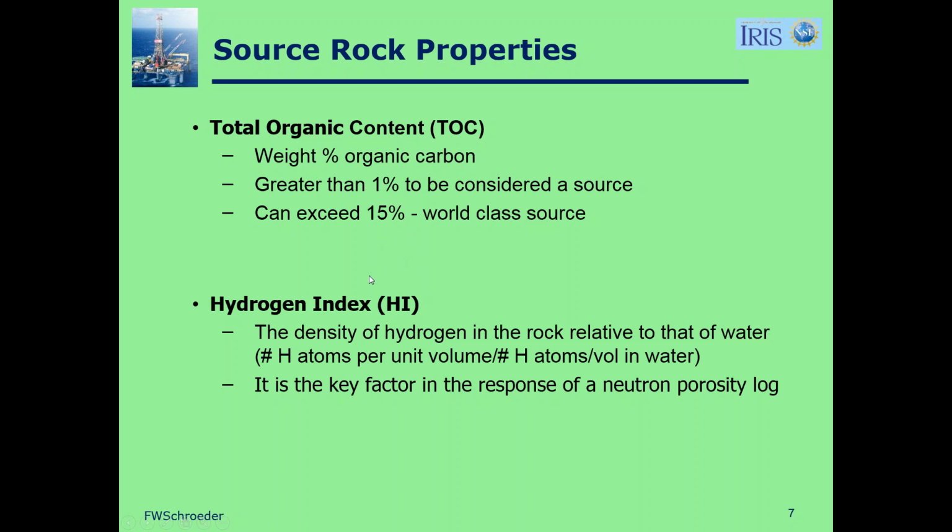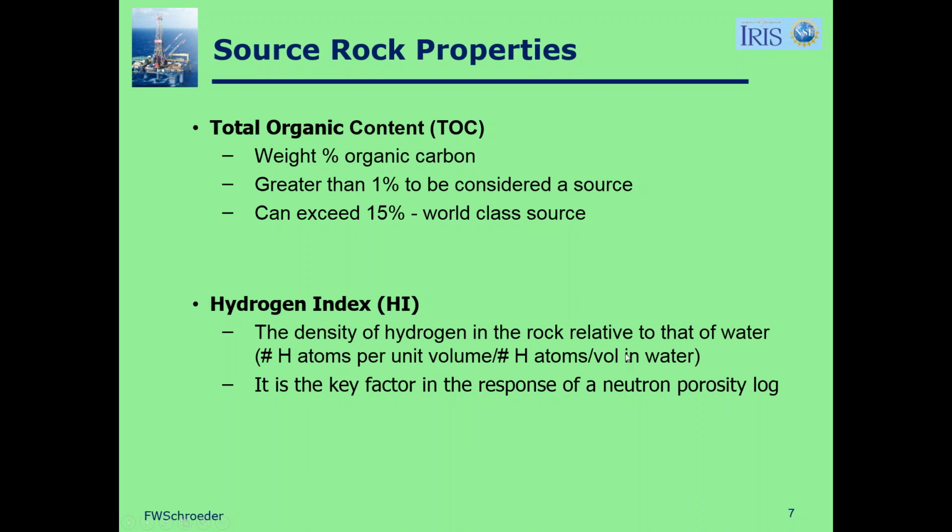The second source rock property is hydrogen index, HI, and that's the density of hydrogen in the rock relative to that of water. So we're trying to differentiate hydrogen atoms total versus how much is in water.